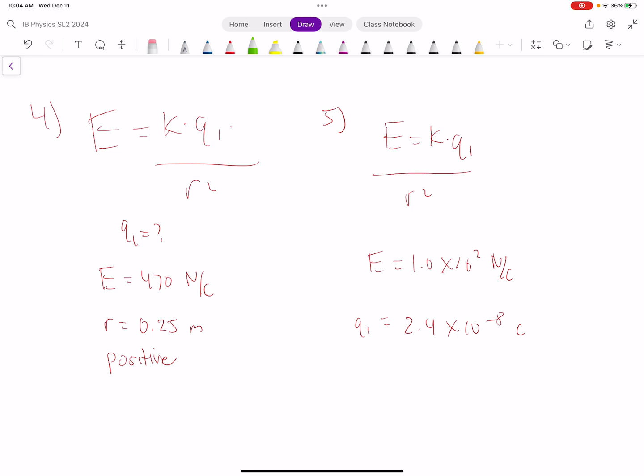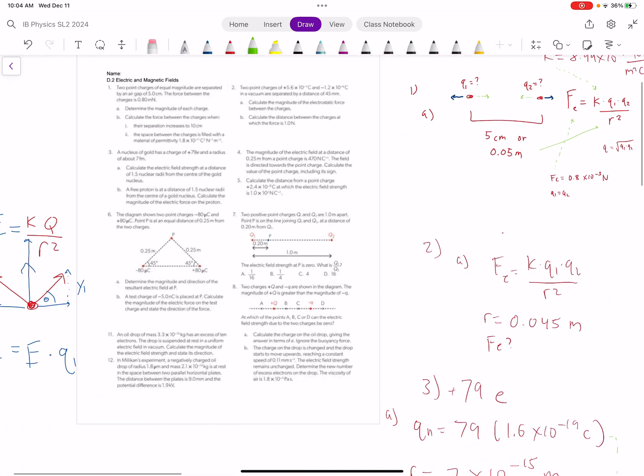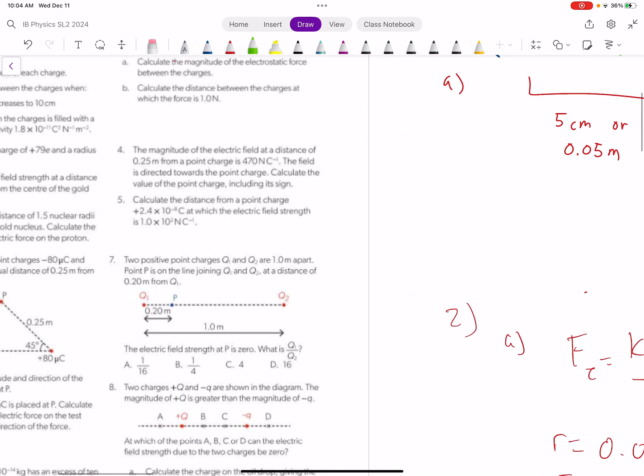I don't see why the charge wouldn't also be positive, unless it says something like the object that creates the field is positive and there's an attraction, then you would know that they're opposites. But we're not given any information like that in this question. We're just given a positive point charge in a distance.